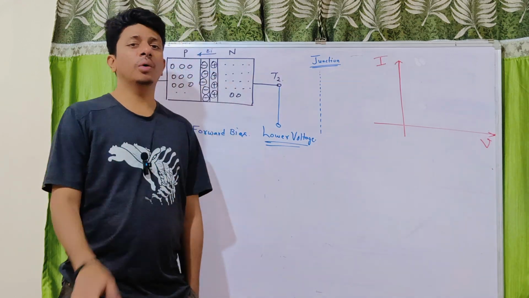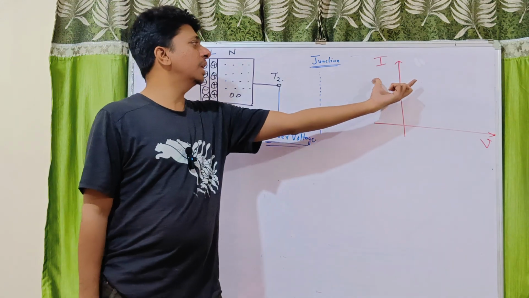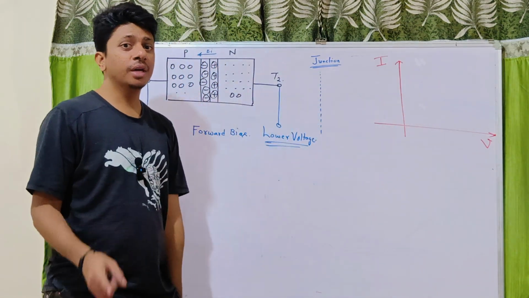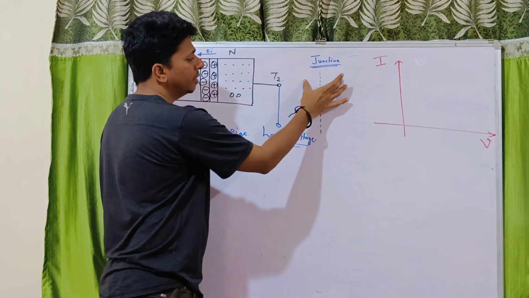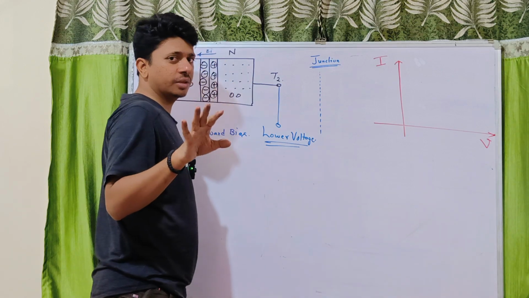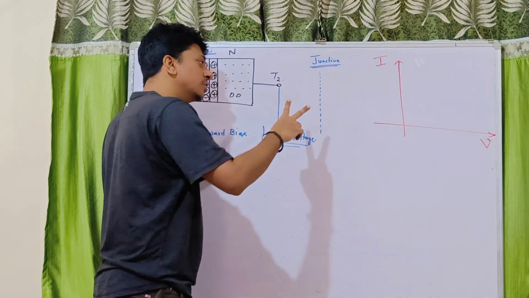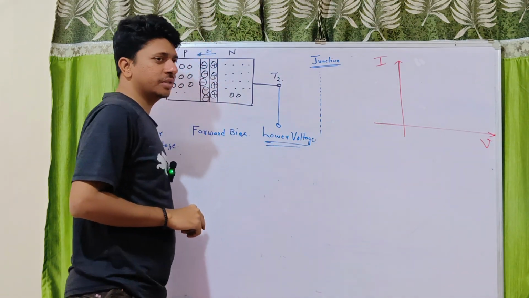Now I am going to tell you, while drawing the IV characteristics of your PN junction under forward bias, please remember that whatever current is drawn in this diagram is basically the current or the charge carrier movement at the junction. What is going on at the junction, this will be the current which we are going to draw in the IV characteristics.